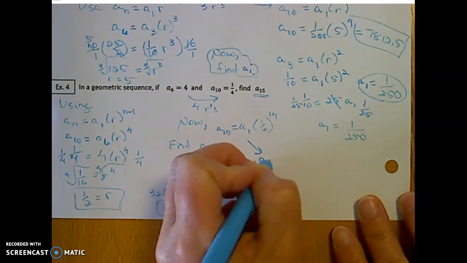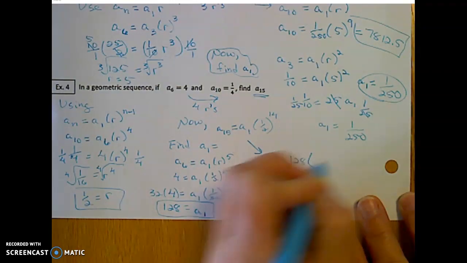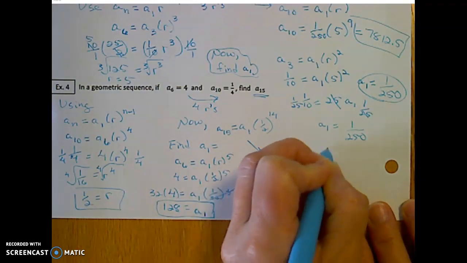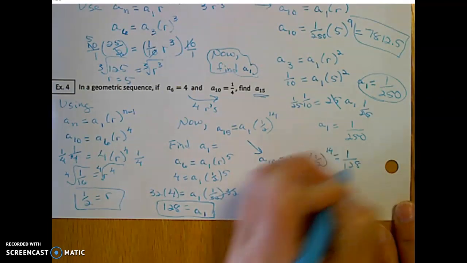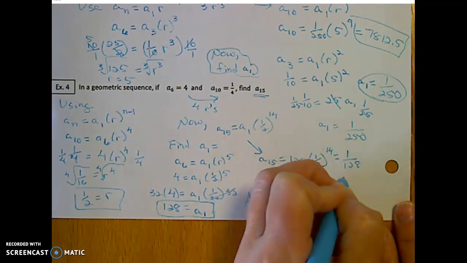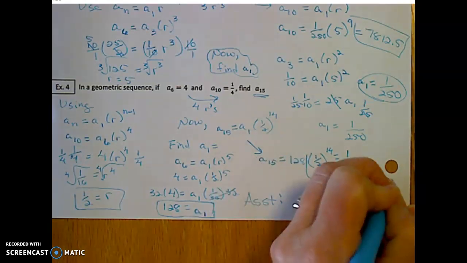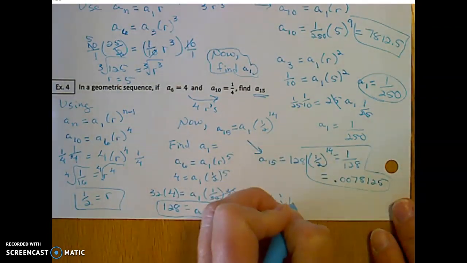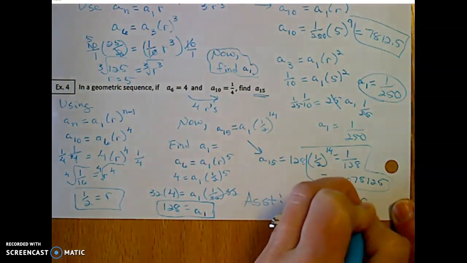And now plug into my formula to find the 15th term: a sub 1, 128, times my ratio of 1/2 to the 14th power, and I get 1 over 128, unless you wrote that as a decimal, of 0.0078125. Nicely done.